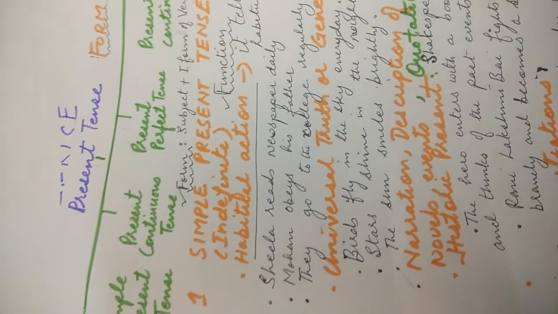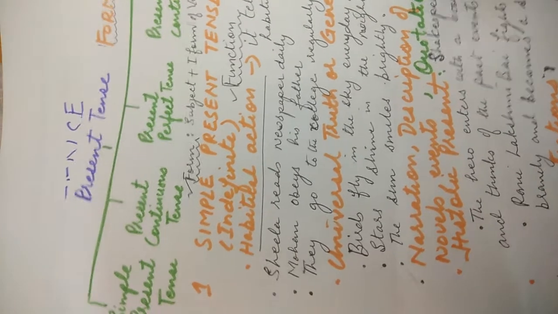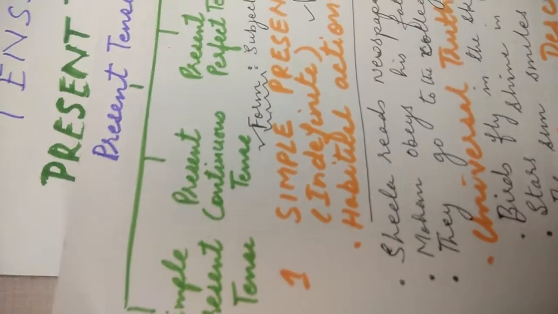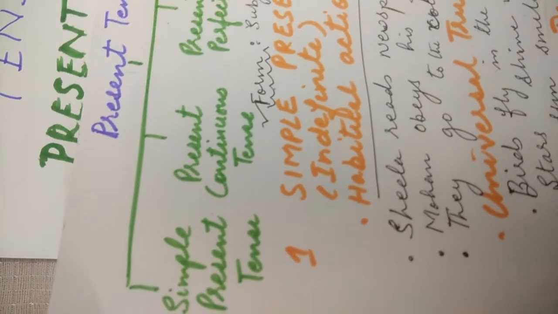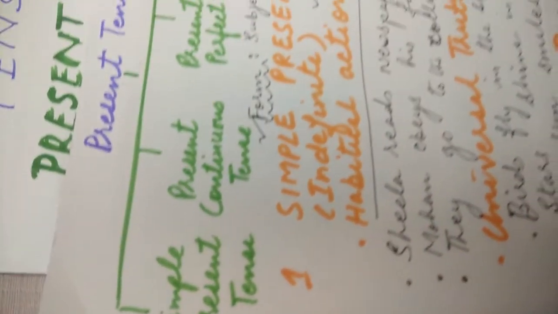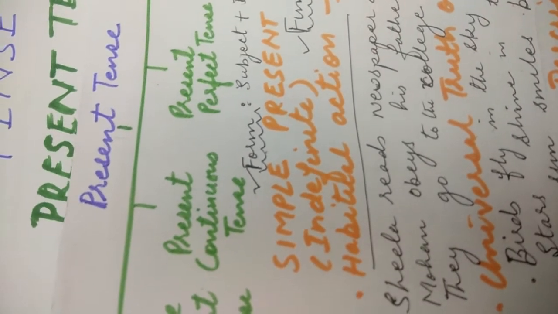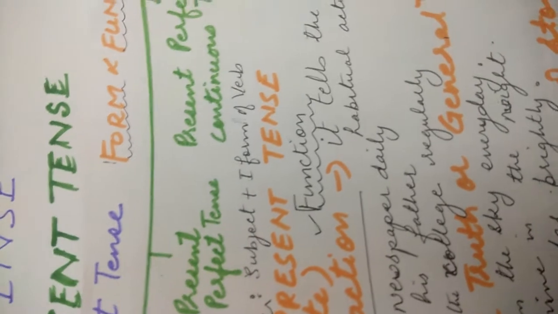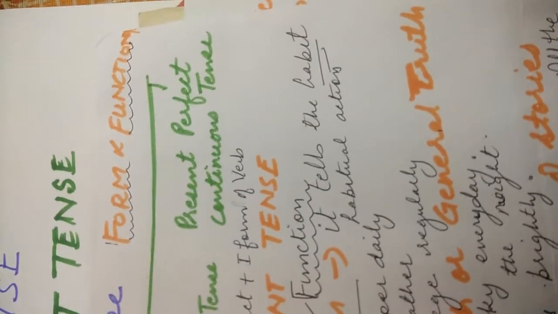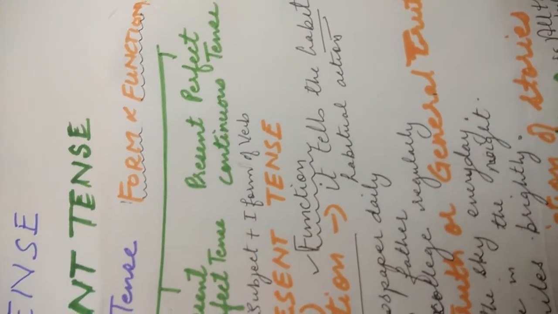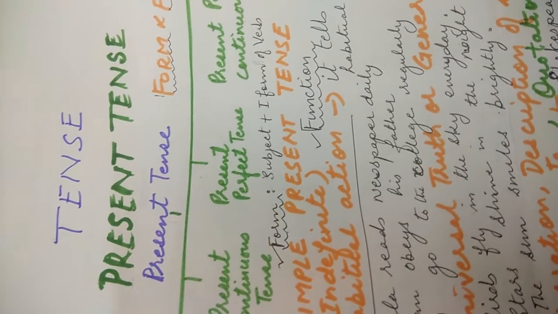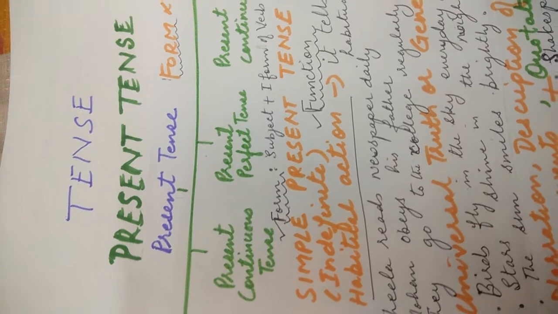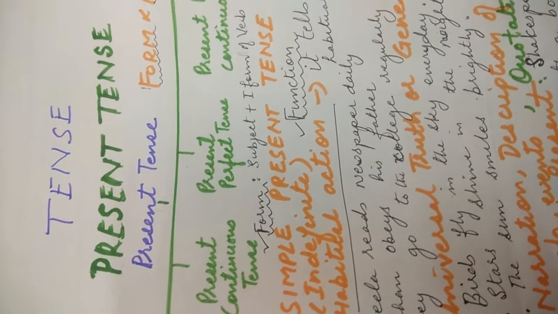This is present tense, and it is divided into four parts. First, simple present tense; second, present continuous tense; third, present perfect tense; and fourth, present perfect continuous tense. So how many types of present tense? Yes, four types of present tense.